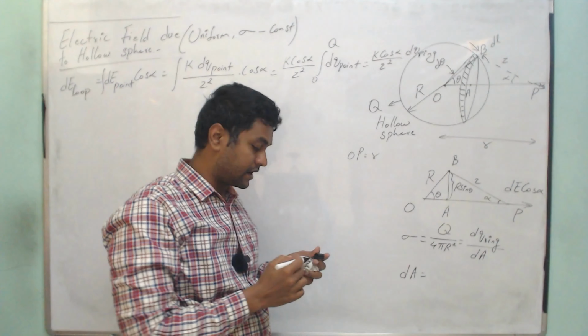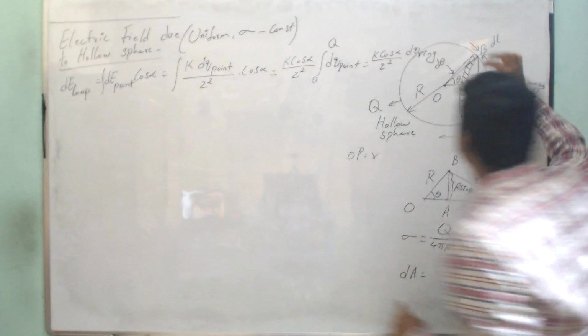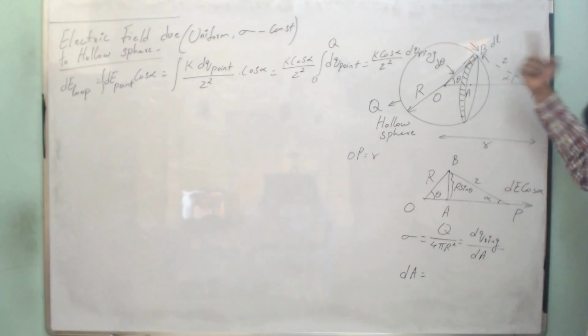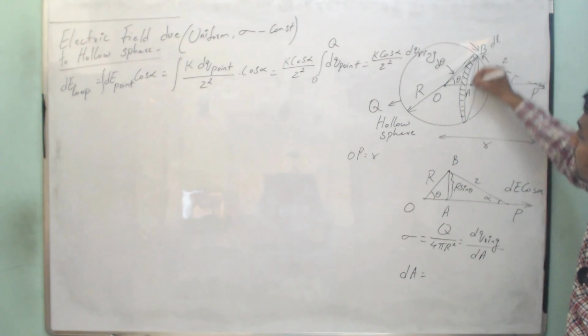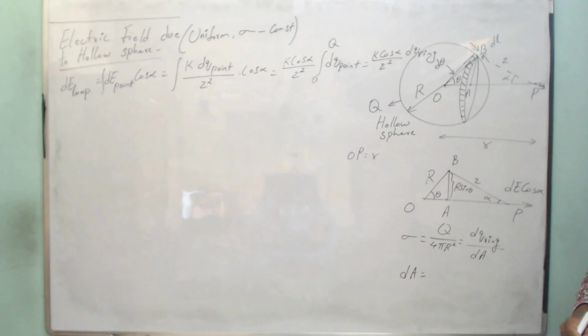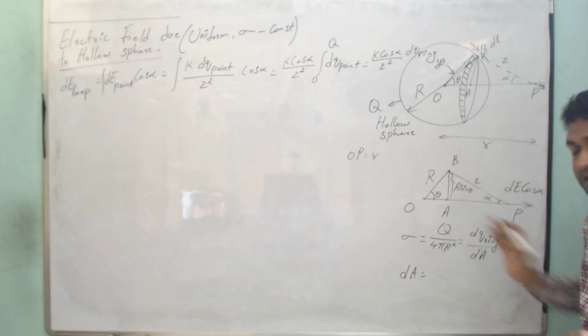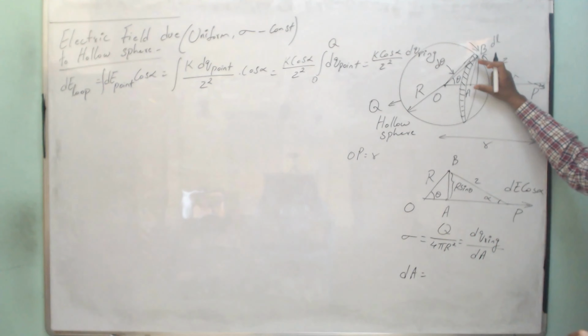And I am running along the perimeter of the loop. The perimeter of the loop will be 2 pi times the radius of the loop, and that radius of the loop is r sine theta. Is this clear?